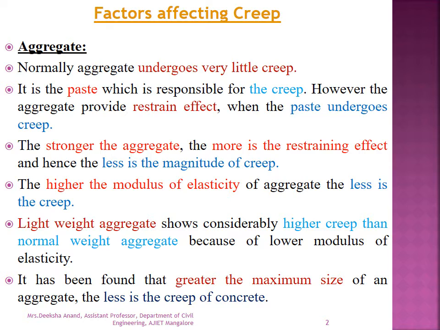The modulus of elasticity of the aggregate is also one of the important factors influencing the creep. The higher the modulus of elasticity of the aggregate, the less is the creep. Lightweight aggregate shows considerably higher creep than normal weight aggregate because of the lower modulus of elasticity. It has been found that the greater the maximum size of the aggregate, the less is the creep of the concrete.